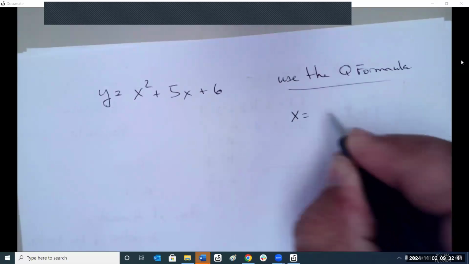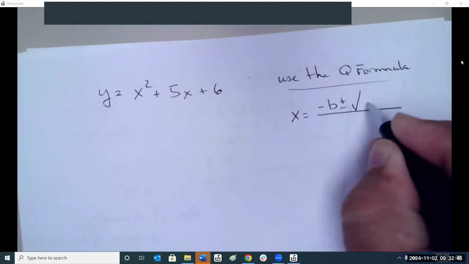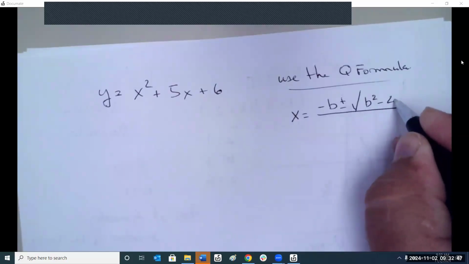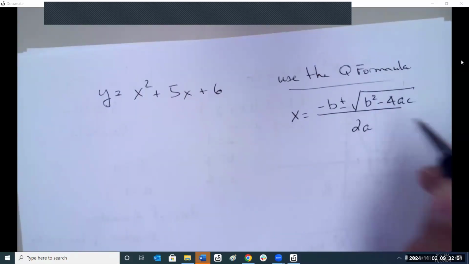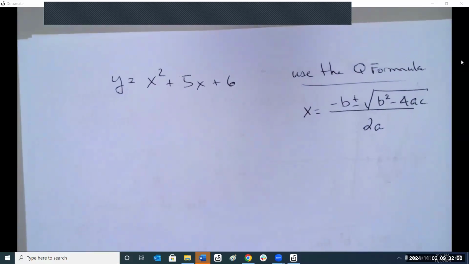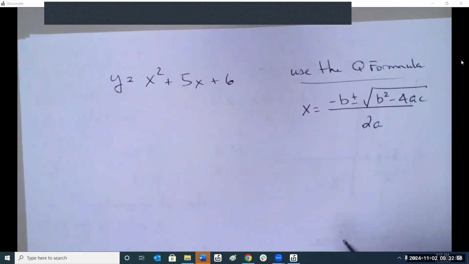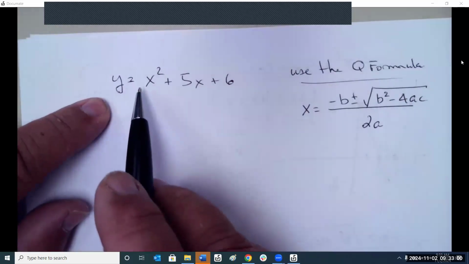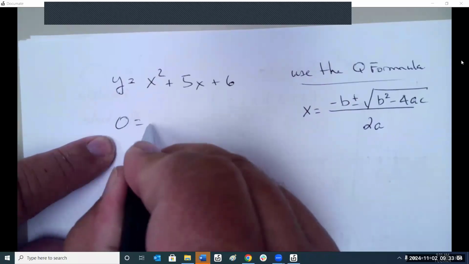The quadratic formula is x equals negative b plus or minus the square root of b squared minus 4ac, over 2a. To use this, what do we have to do first? First off, you have to make sure all the x's are on one side. In other words, set it equal to 0.